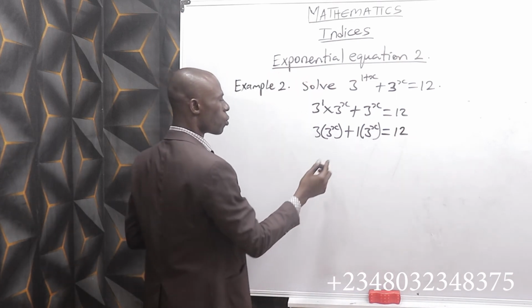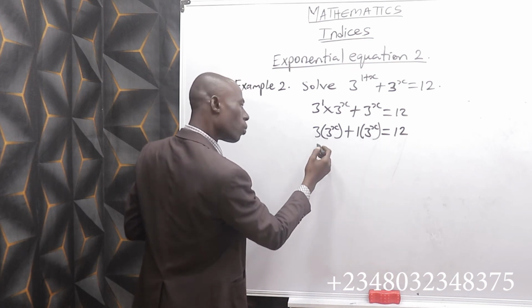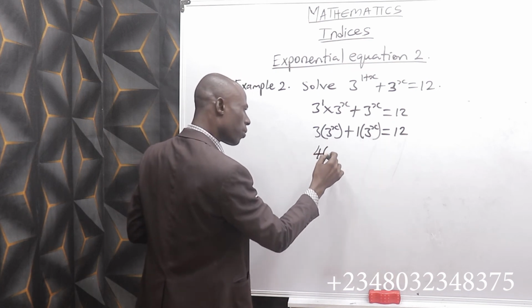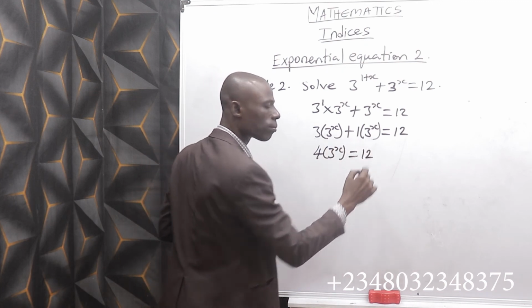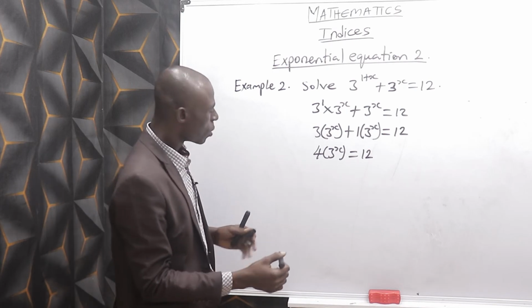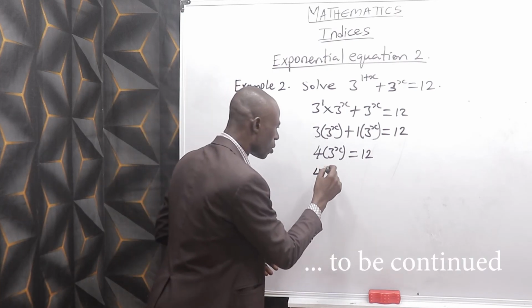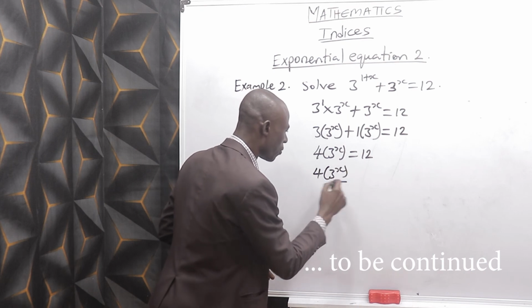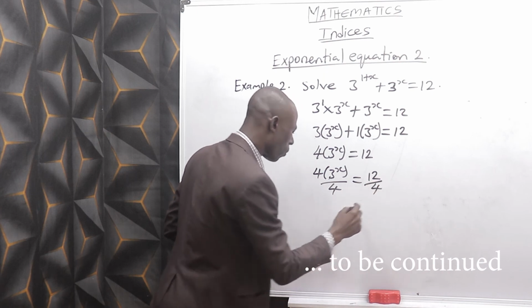Equals 12. So, adding 1 of it to 3 of it, we will have 4 of it, which is equal to 12. Dividing both sides by 4, we have 4 into 3 raised to power x divided by 4 equals 12 divided by 4.